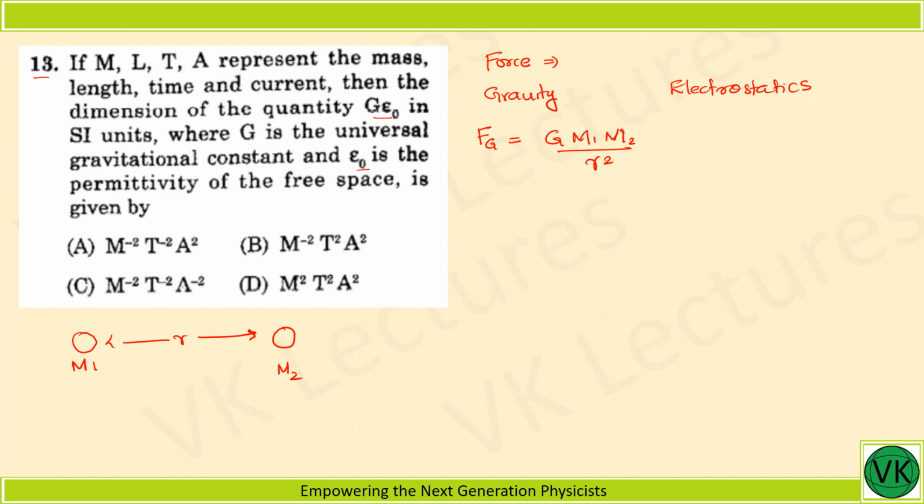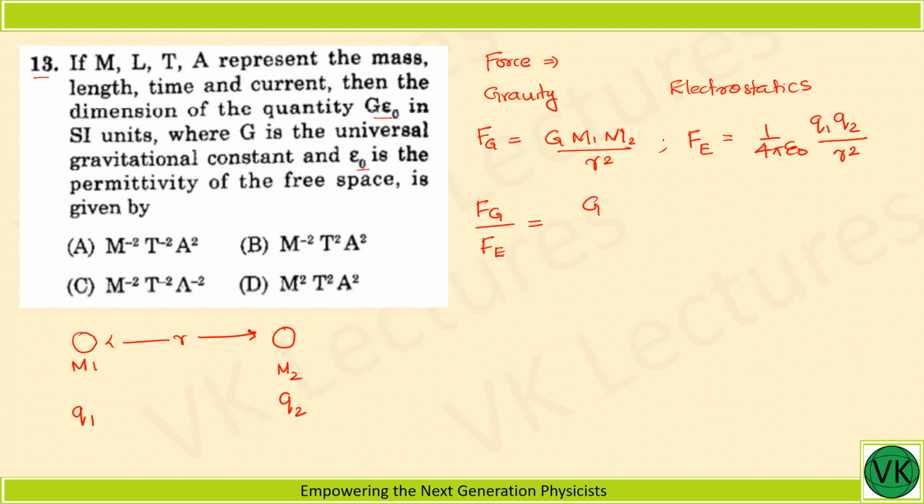Now suppose these two particles have charge q1 and q2, again with the same separation, then the electrostatic force between them, Fe, is given by 1 by 4 pi epsilon naught q1 q2, the product of charges, by r squared. This is the magnitude of the two forces. Then Fg by Fe, let us see what is the ratio between them.